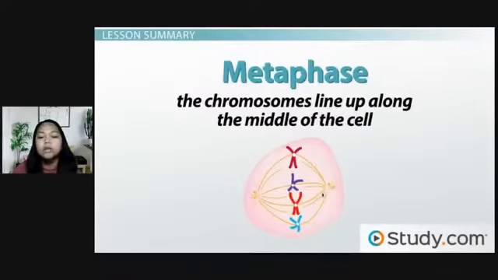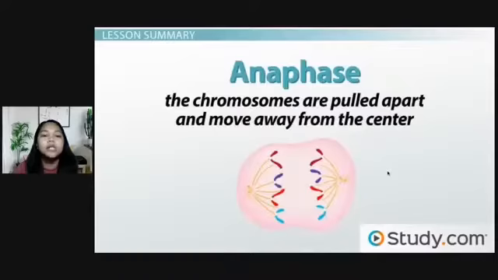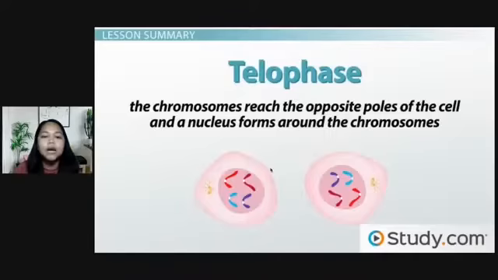Siya kasi yung nagiging source ng spindle fibers, itong thread-like structure where your chromosomes would get attached during cell division. Now this is your anaphase, the splitting of your chromosomes. Then, of course, you have telophase. This is the opposite of your prophase. The chromosomes reach the opposite poles of the cell and the nucleus forms around the chromosomes. Kabaliktaran siya ng inyong prophase.